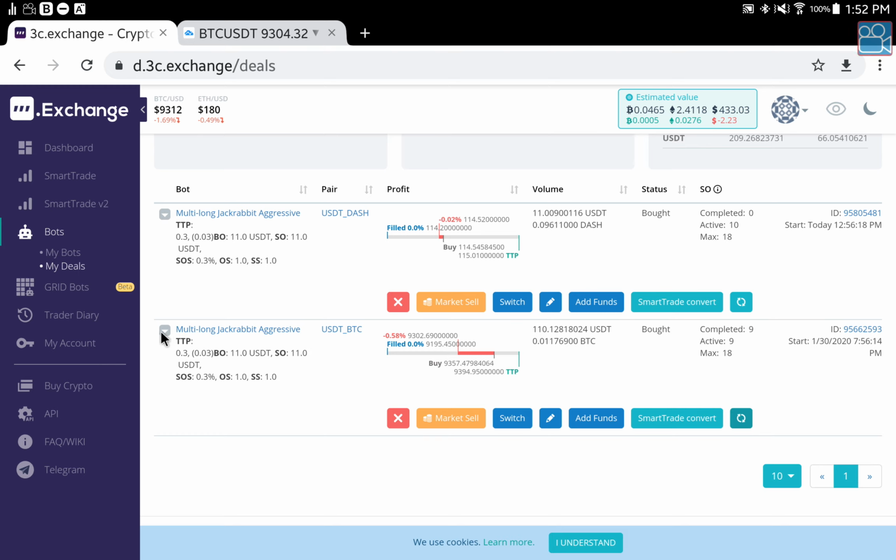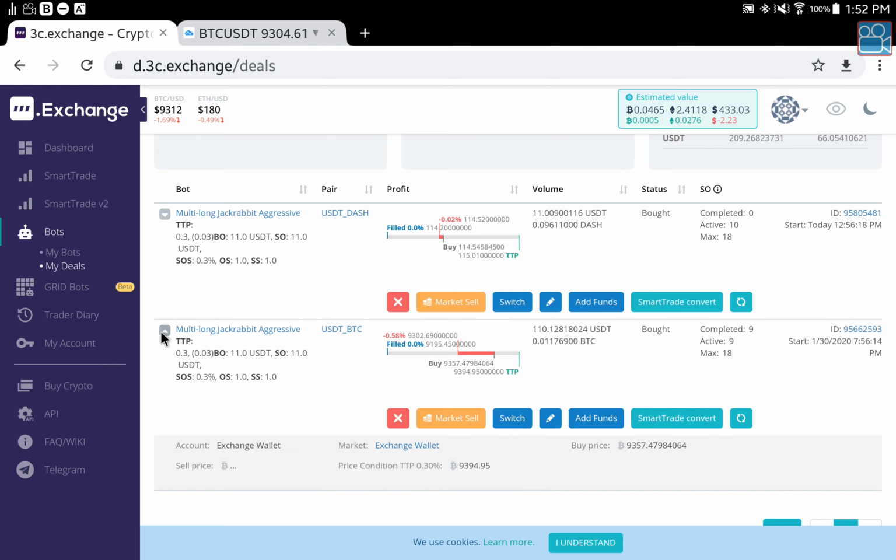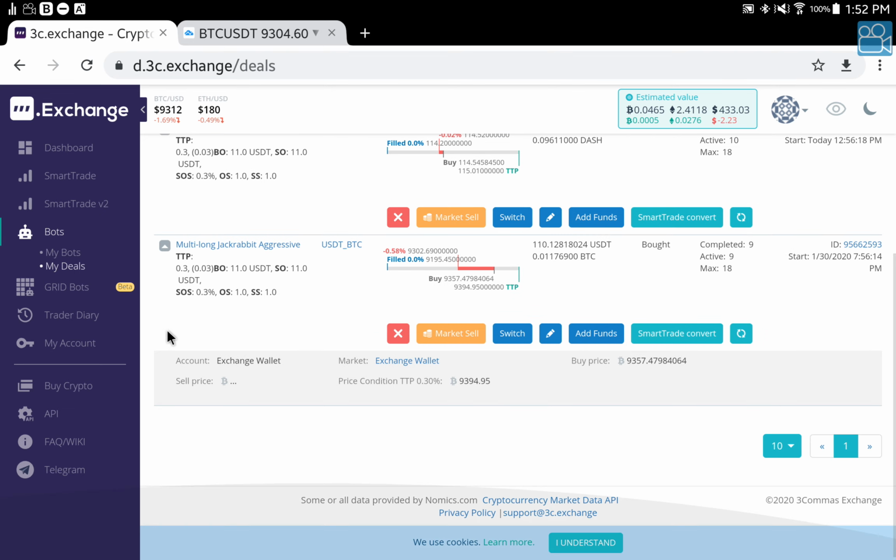And that is with coins like Bitcoin that have a situation where they have a lot of volatility, but the percentages of change are actually low.